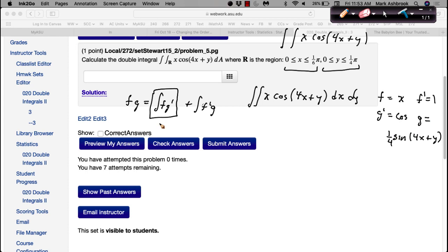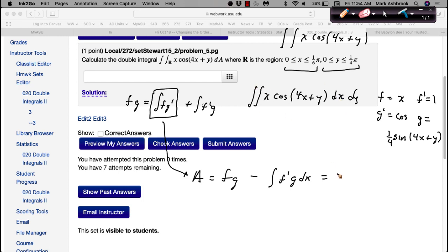And then our answer is going to be fg minus, or u times v, if you did it that way, the integral of f prime g dx. When we're doing the inside integral, we're just considering a single integral in terms of x. y is a constant. So I'm using this single integral technique to do the first integral, which is the inner one.